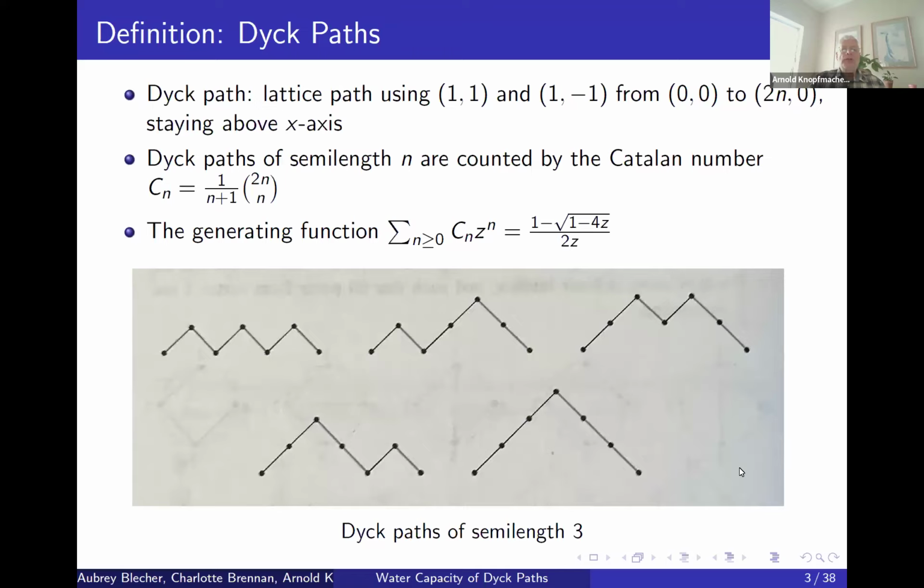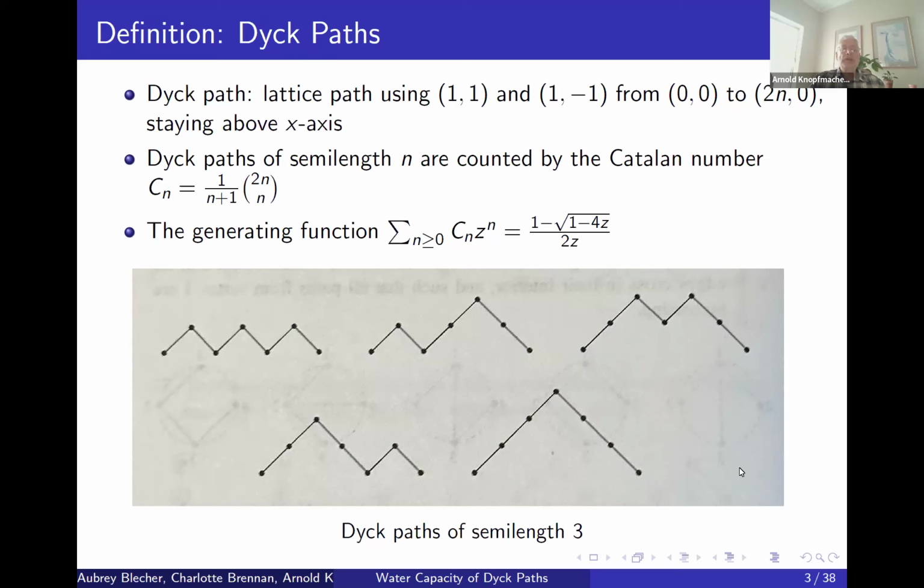So a Dyck path consists of up steps of the form (1,1) and down steps of the form (1,-1) in the xy plane. And the condition is they must always stay above or on the x-axis.